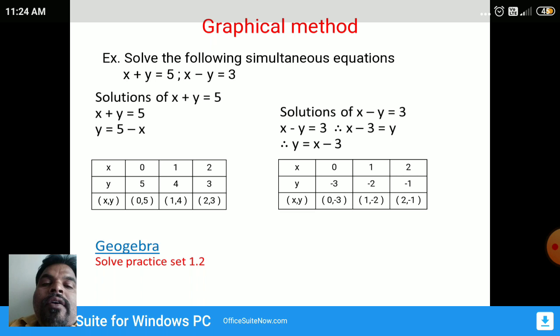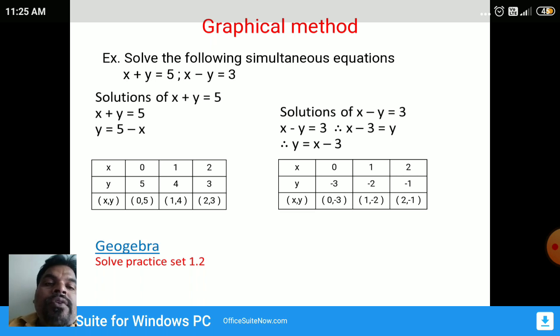Put x is equal to 0, then we get y is 5, the point is 0 comma 5. Put x is 1, we get y is 4, the point is 1 comma 4. Then third, put x is 2, then we get y is 3, the point is 2 comma 3.